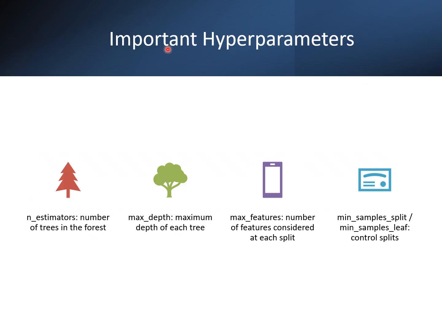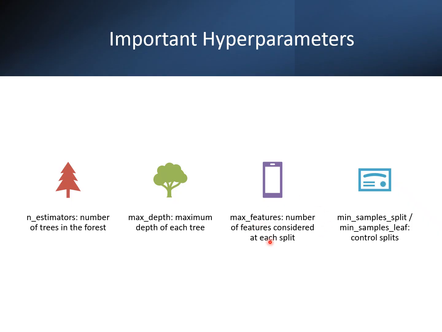So the important hyperparameters that we'll see when we are doing a lab session in random forest are what we call n_estimators, which is the number of trees that we are going to consider in that forest. Also, we'll look at the maximum depth of each of those trees, and then we also need to consider the number of features to be considered for each split. By default, it takes the square root of all the features in the data set when it's doing that random selection.